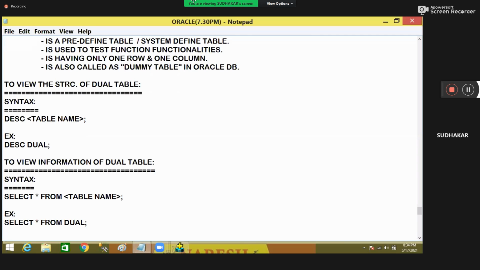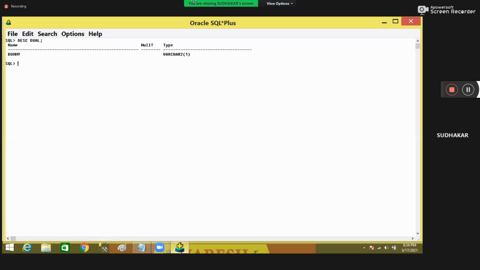Now you can see we have only a single column and a single row: DUMMY is the column, X is the row. So in this table we have only one row and one column. Understand my point now?